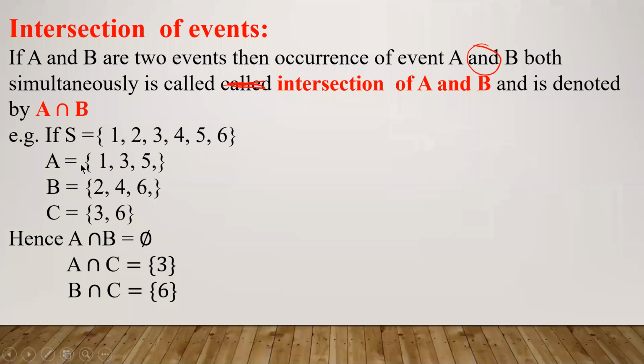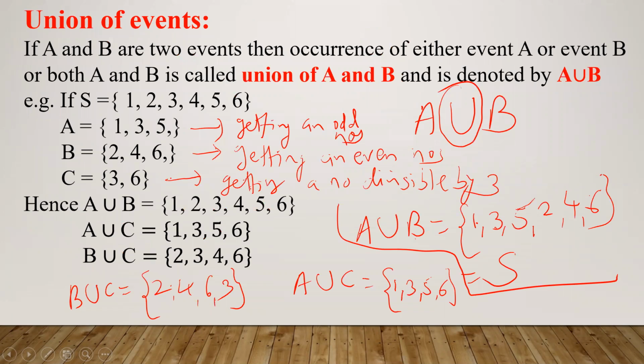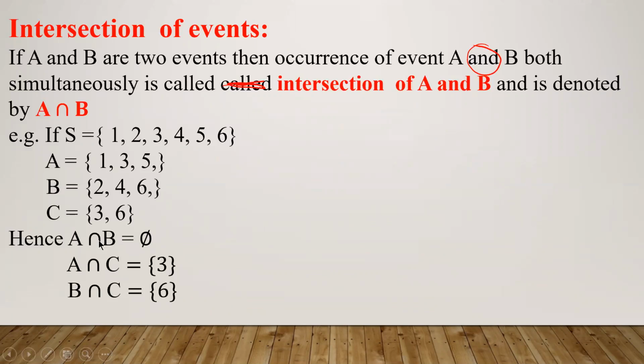Look at the example. I'm taking the same example of rolling a dice. S is the sample space, which will contain these points. A contains 1, 3, 5, B contains 2, 4, 6, meaning getting an even number, and C is the same example which I have taken for union. Now let us write down A intersection B. As I told you, we say that the A intersection B event has occurred if events A and B both have occurred.